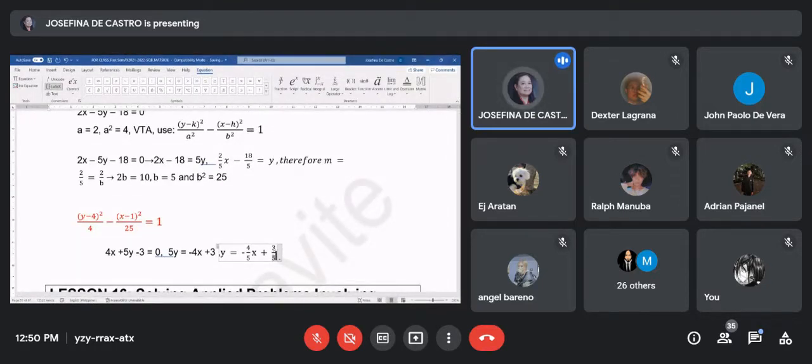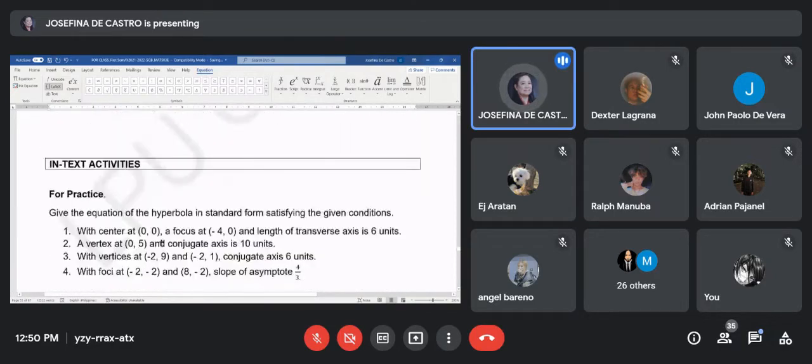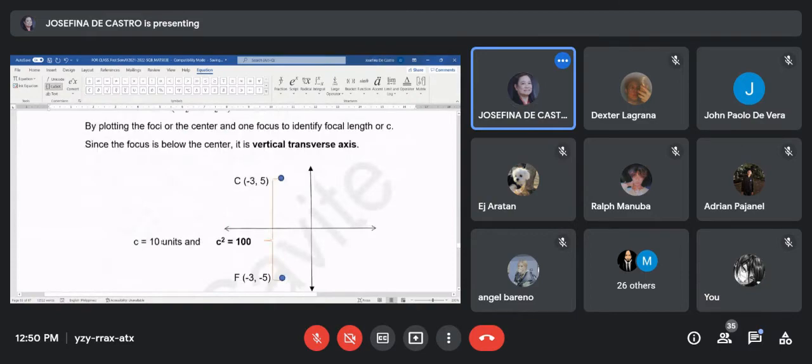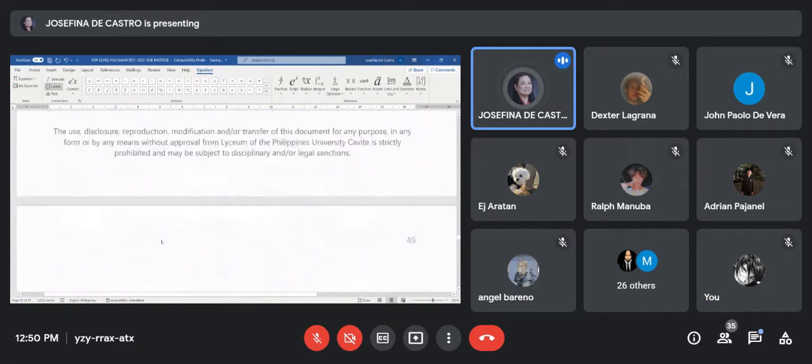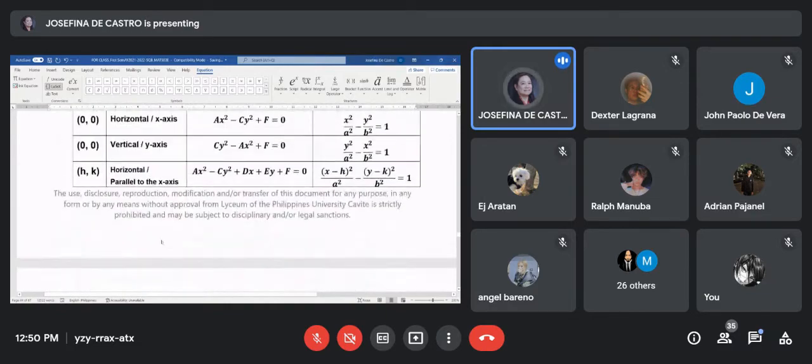Ano uli ang shortcut pagkuha ng slope ng isang line? Negative A over B. Doon yun nanggaling sa general form ng equation ng line.